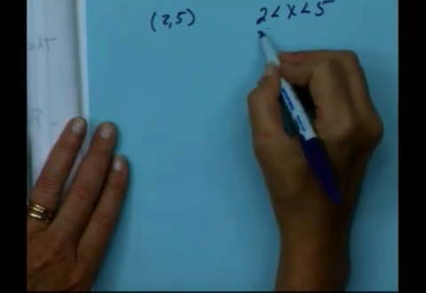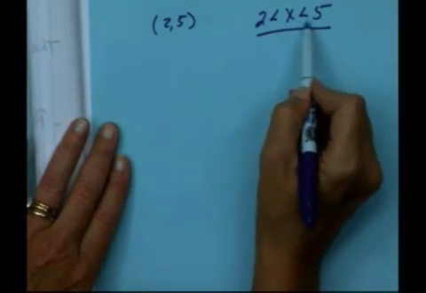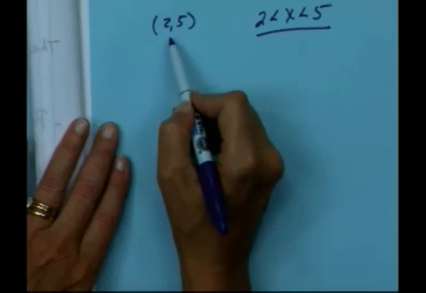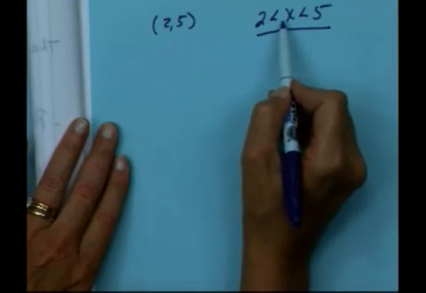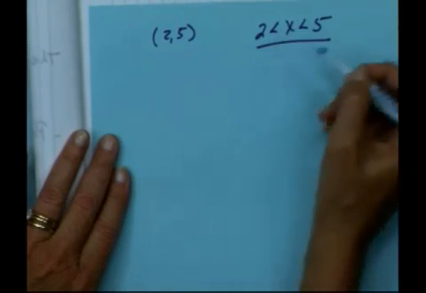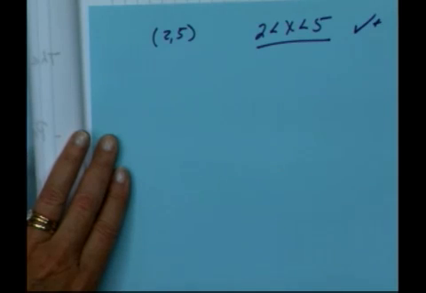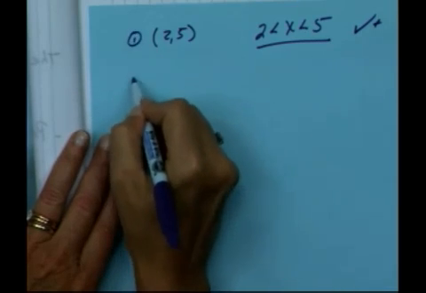Is this the inequality notation for this interval notation? x is between 2 and 5. Okay, so we'll give you a check plus. Great. Okay. All right, number 2.